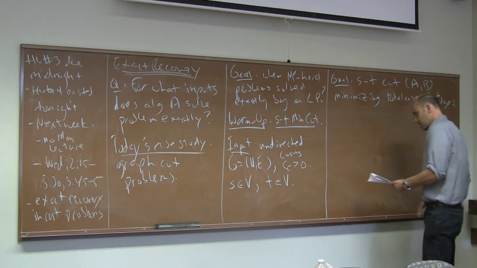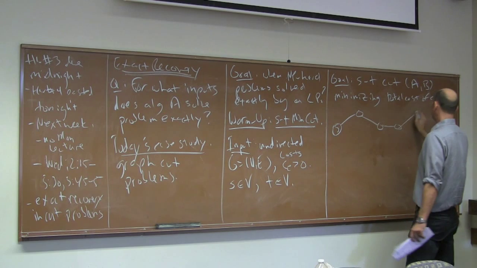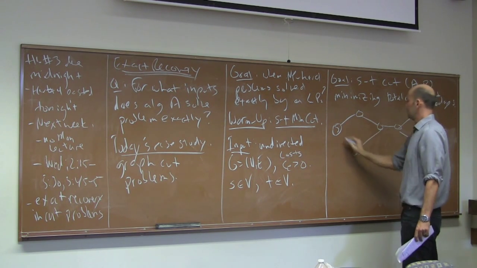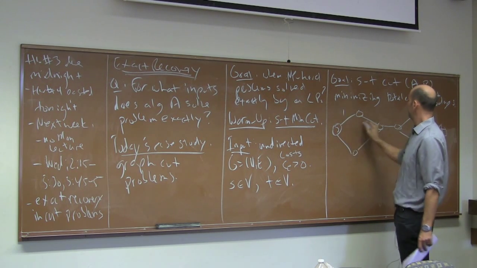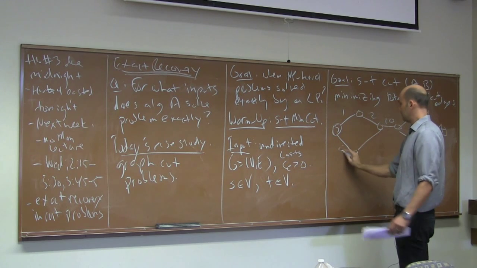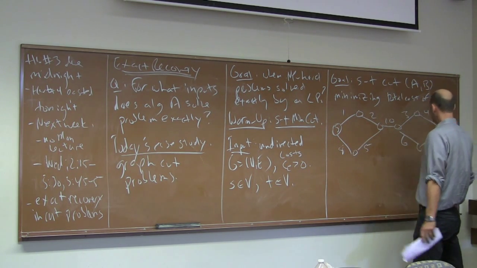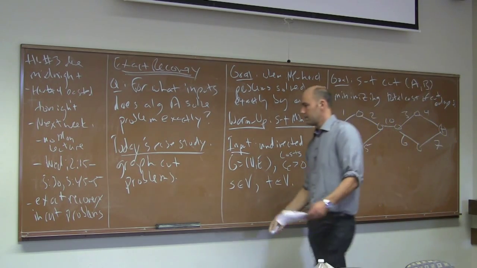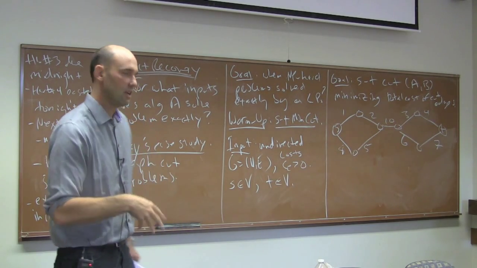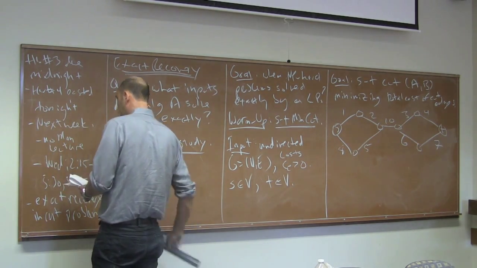So, for example, a picture you might want to have in your mind would be a graph like this. Here's S, here's T. Those are the edge costs. Stare at that graph for a second and try to figure out what the value of the minimum ST cut is.